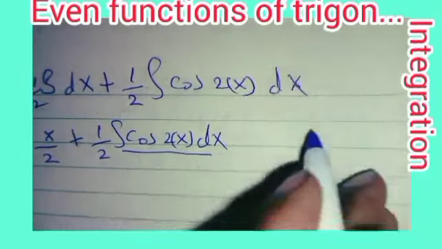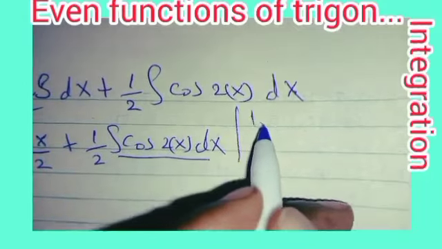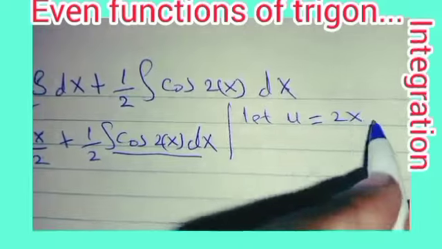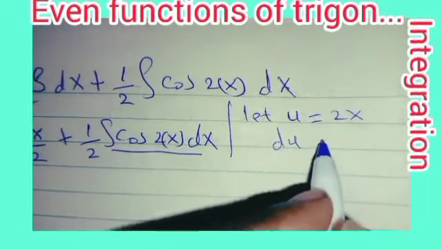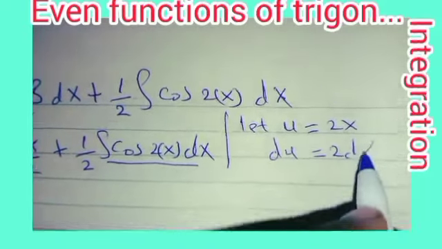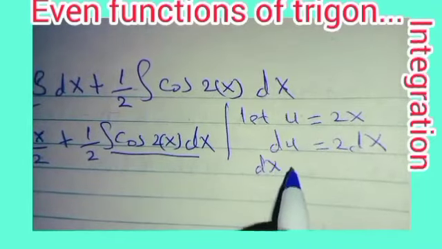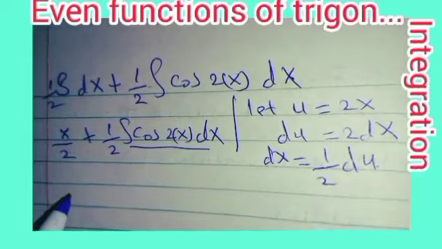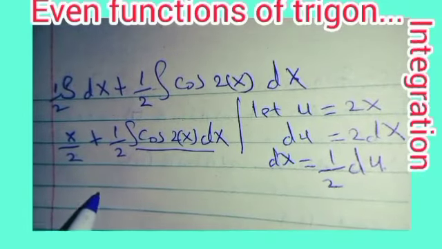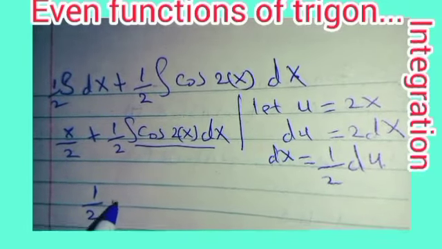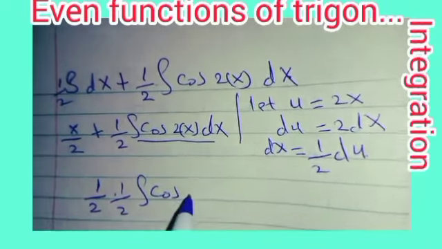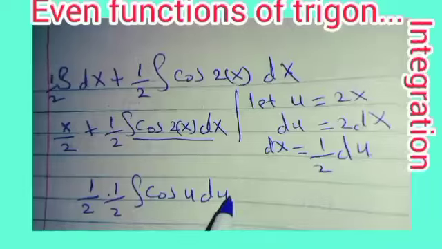To integrate this, we are going to let u be equal to 2x. Then our du is equal to 2 dx, meaning that our dx is equal to half du.